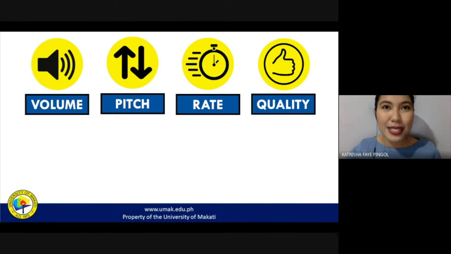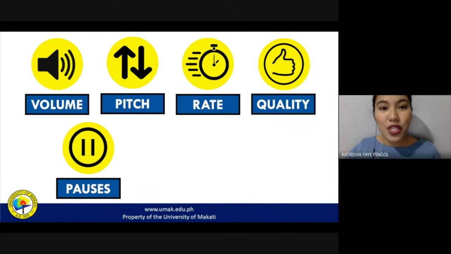You would notice that there are certain people who, even if they are delivering reliable or correct information, the quality of their voice is not good, then people will not listen to them. Their receivers, their listeners, or their audience will not listen to them because the quality is bad. And who would want to listen to a voice that is not of high quality?